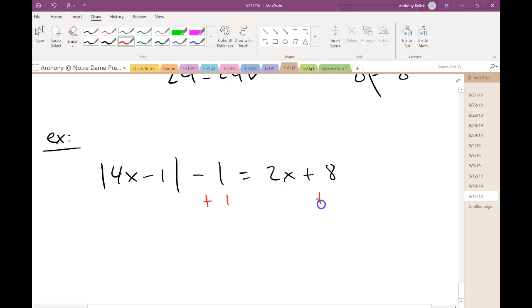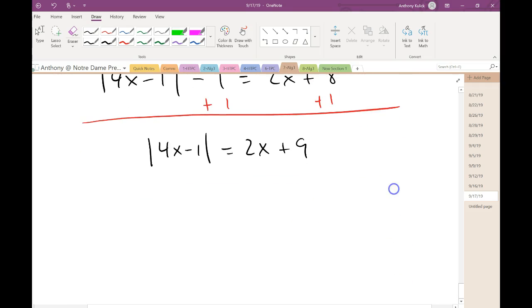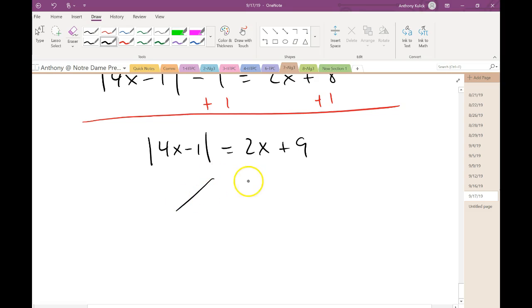First step, we'll add 1 to both sides. Okay. Now what? Split it up. Okay. What should I write for my first equation? Anybody? Good. So it's the same thing without the absolute value. And what should I write for the second one?